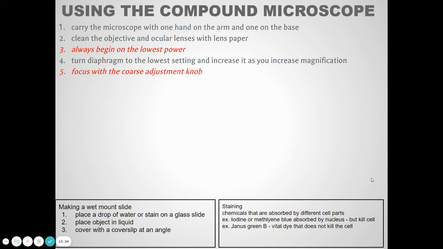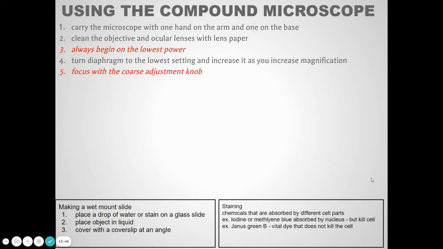So if you select one of the big holes, a lot of light comes through. If you select one of the smaller holes, less light comes through. Because sometimes it's too bright. You need less light. Other times the image might be too dim and you need more light.